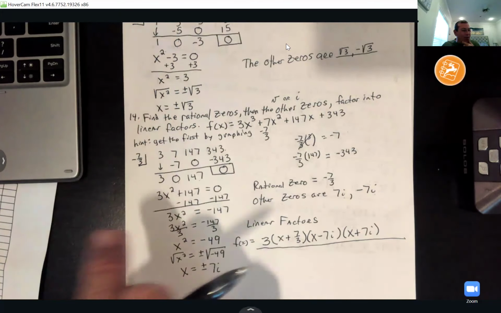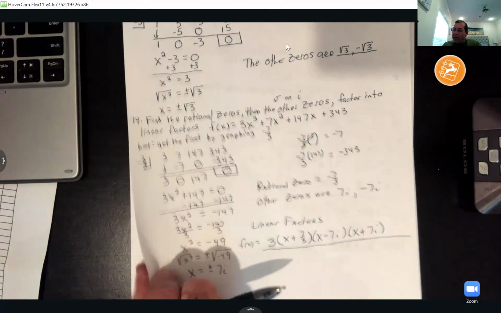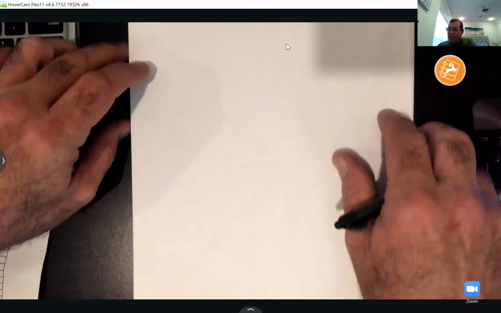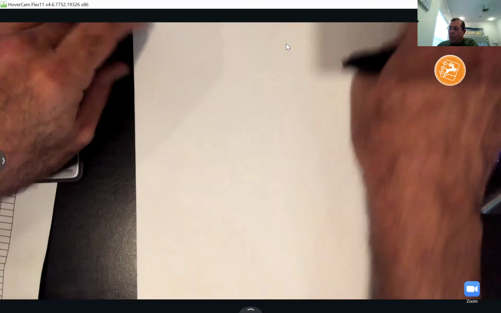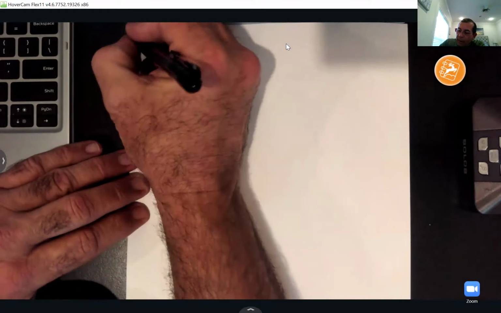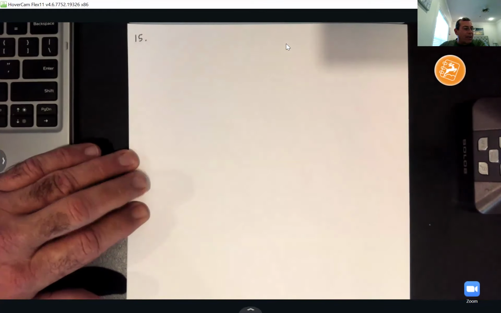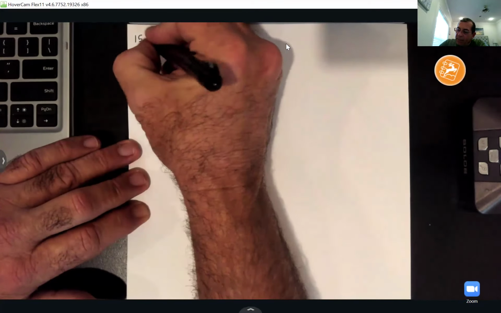So let's see, 13 and 14. Oh, we're starting our domain stuff next. The domain stuff started in 5-1. So 15, find the domain.